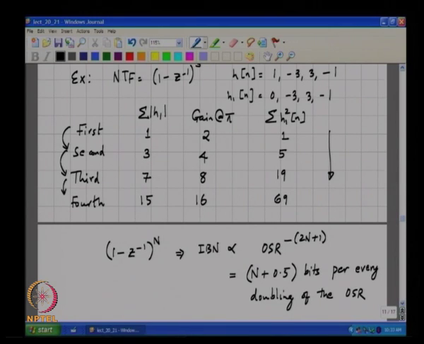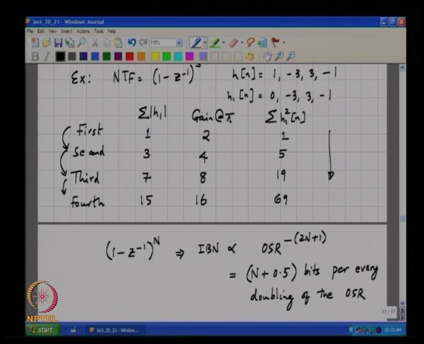In fact, if you think of this, most of the energy in the NTF minus 1 is coming from which frequencies? Coming from high frequencies. What has happened to the high frequency gain? It has gone up from 8 to 16, a factor of 2.